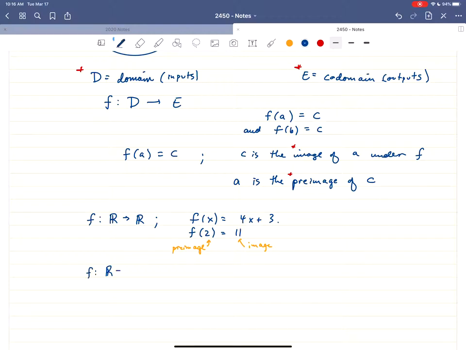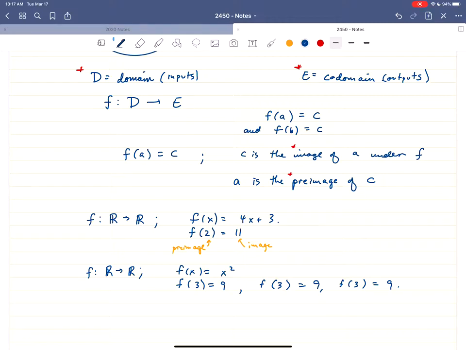If I have a function f going from R to R, where say f of x is x squared, then we know how this is going to work. We know that f of 3 is 9. No matter how many times I plug 3 into this function, I get 9. That's what makes it a function. That's the uniqueness that we're talking about.